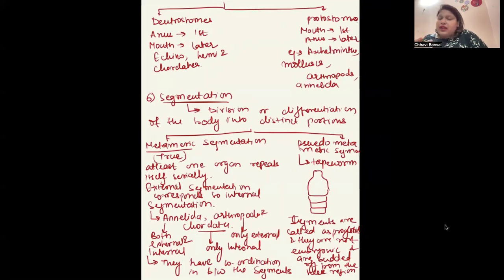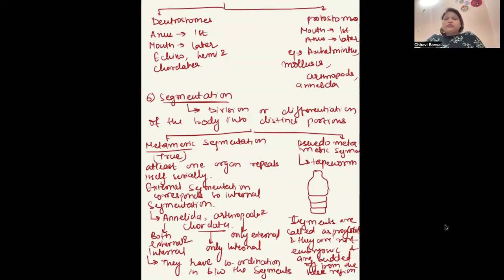The three phyla that have it are Annelida, Arthropoda, and Chordata. Annelida has both external and internal. Arthropoda has only external segmentation, and in chordates, we have internal segmentation. Our vertebrae, our nerves, our blood vessels are serially repeated, right? That is metameric segmentation. There is coordination between the segments.